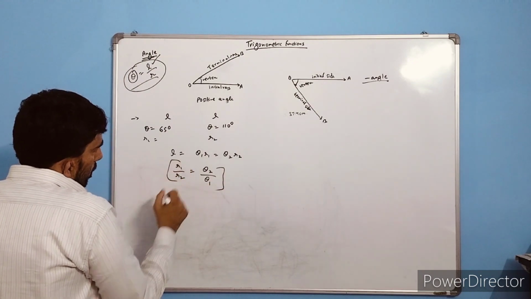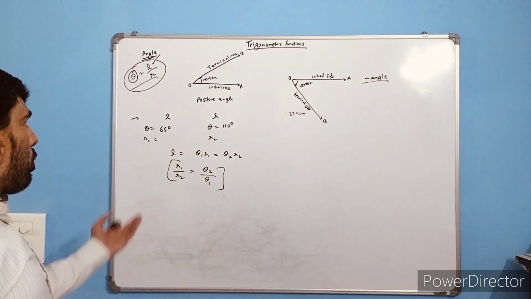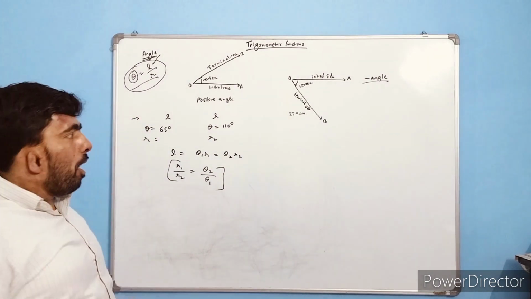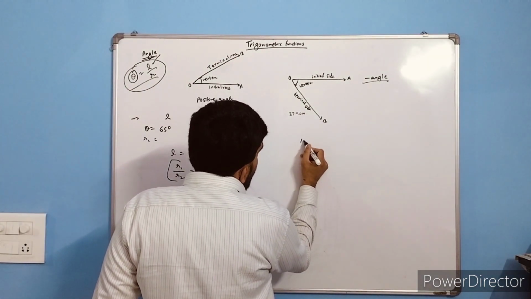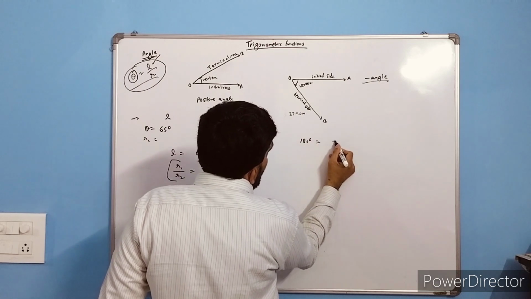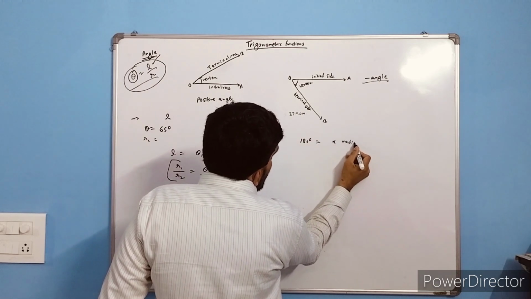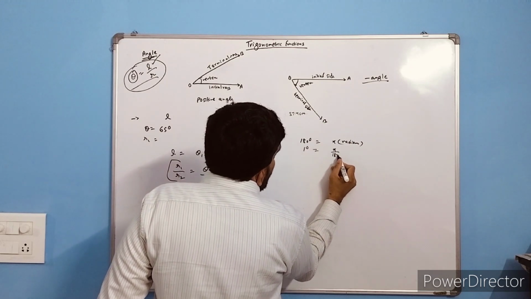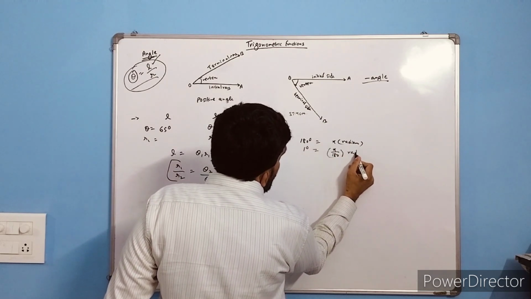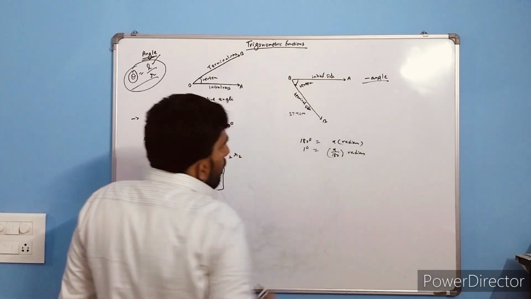But the thing is, we need to convert them into radian. How to convert it? We know that we have done that 180 degree is equal to pi radian. So 1 degree is equal to pi upon 180.